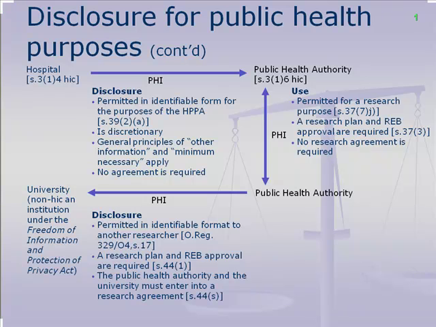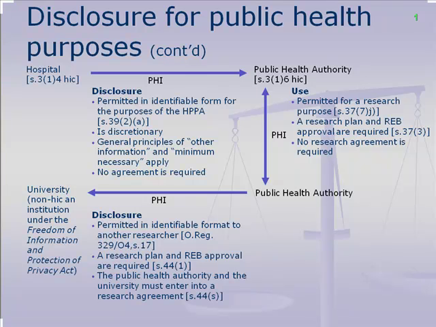As John indicated, you've got another HIC, for example, that's got the authority to receive it, and then that HIC has the ability under the Act, under PHIPA, to use that information for other purposes for which HICs may use information. So that's an important thing to remember.